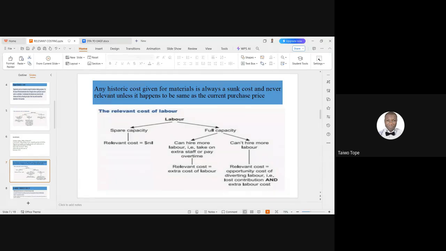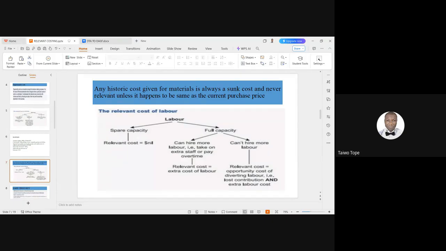So talking about labor is also a point we have to look at very well. When we talk about labor in relation to relevant costing, the relevant cost in terms of labor, there are costs of extra hires.